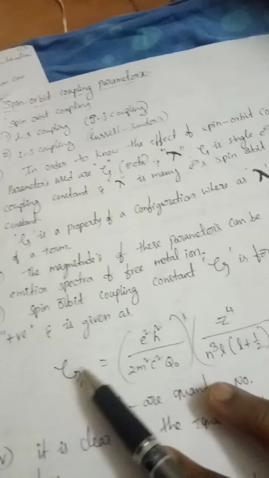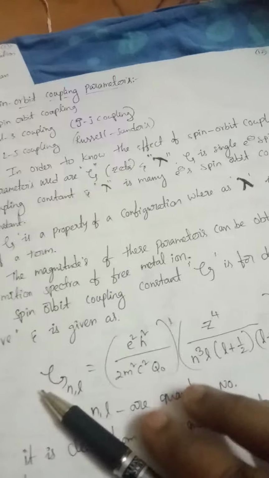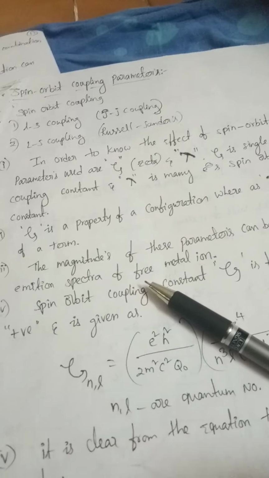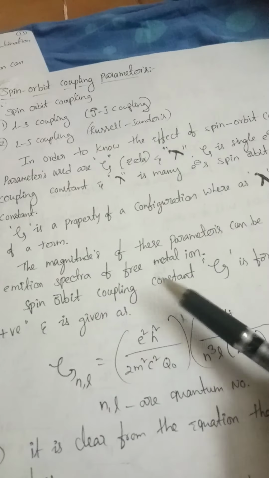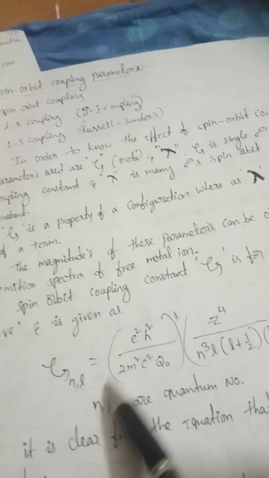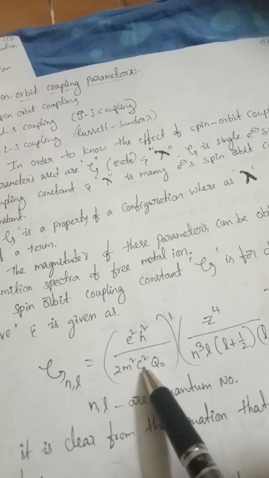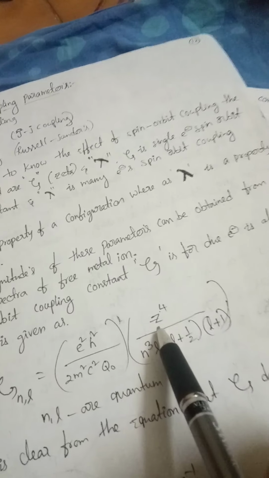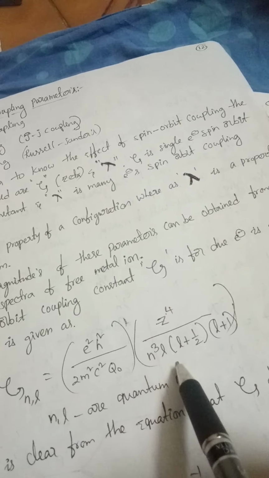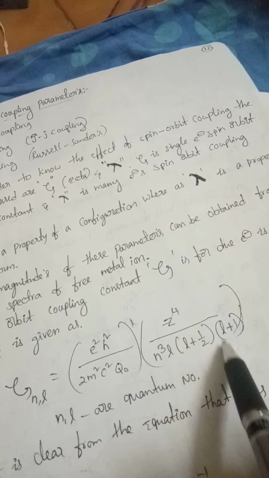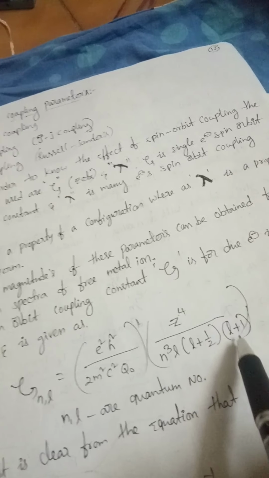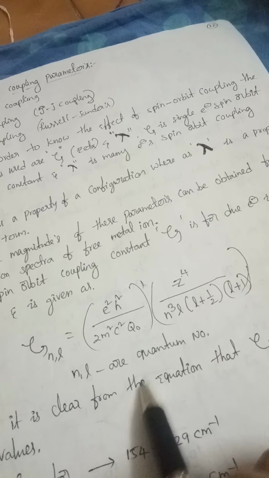The spin orbital coupling constant zeta, due to the electron, is always positive. Since it is only one electron, it is always in the positive direction, and is given as zeta nl equals e squared h squared by 2 m squared c squared, 4 pi epsilon naught, Z to the power 4 by n cubed l into l plus 1. n and l are the quantum numbers.